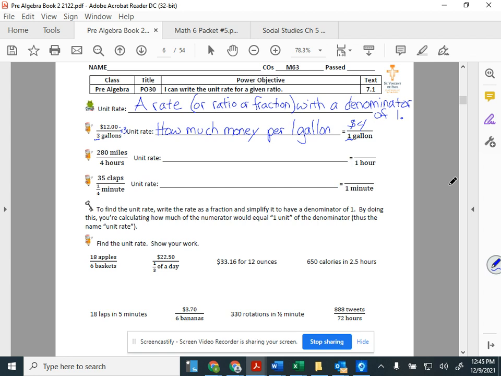So for 280 miles for 4 hours, we want to know how many miles per 1 hour.